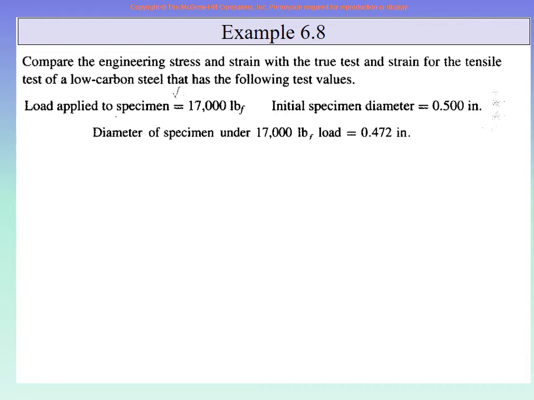Now, before we proceed further, I said we will comment on it that ln Li upon L naught is simple because it was integral dl upon L. So 1 upon L dl is ln of L, and ln of L from L naught to Li is ln of Li upon L naught. So that was okay. Now, why is ln of Li upon L naught the same as ln of A naught upon Ai?